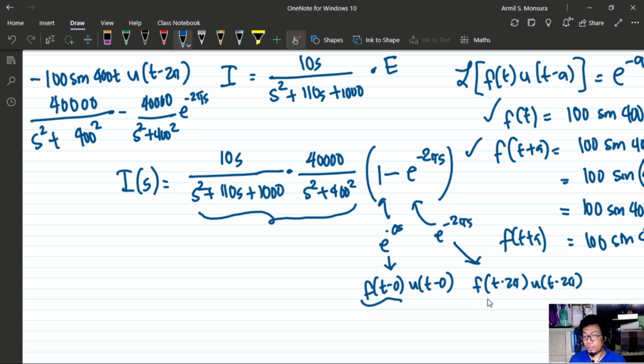So we start with f of t, which comes from the inverse of this one, then replace all of these t with t minus 2 pi, and multiply by u of t minus 2 pi. The central problem of taking the inverse Laplace transform of this would start from taking the inverse Laplace transform of this term.